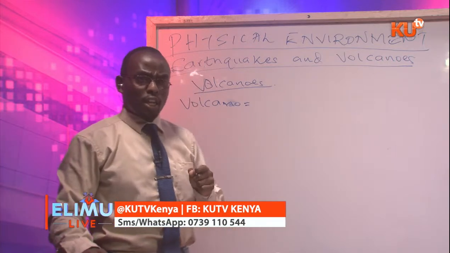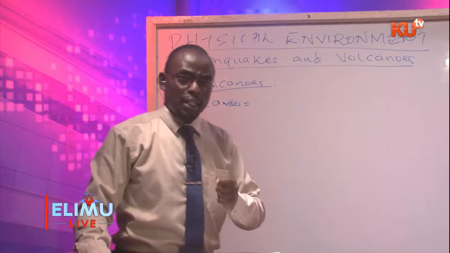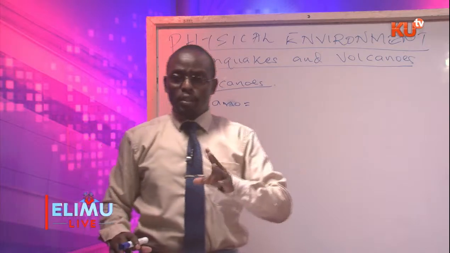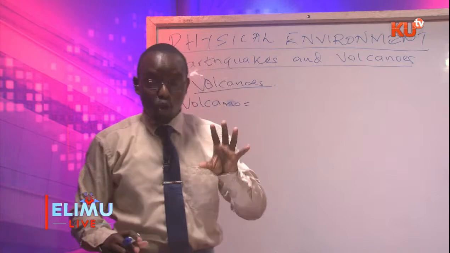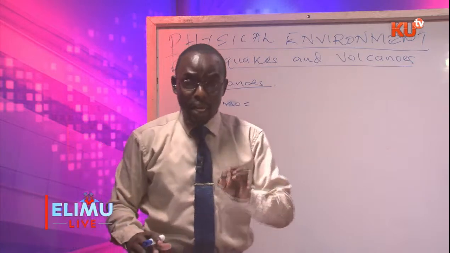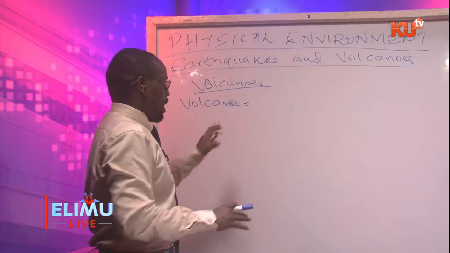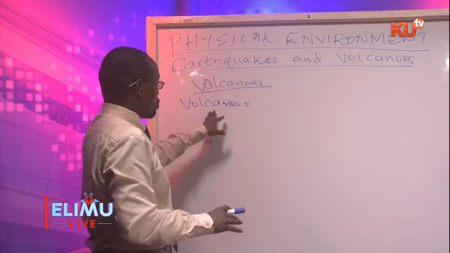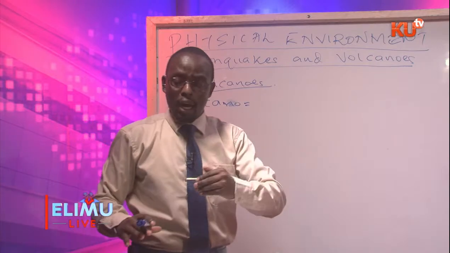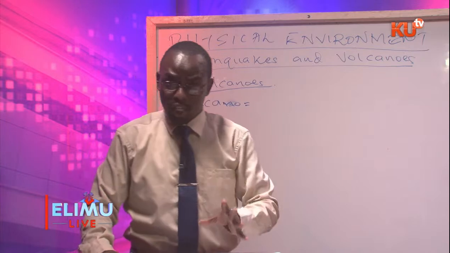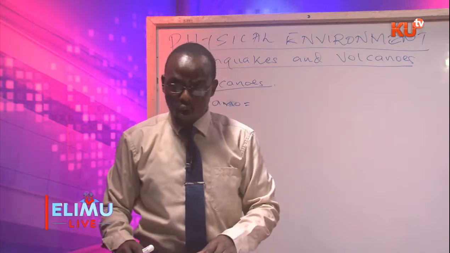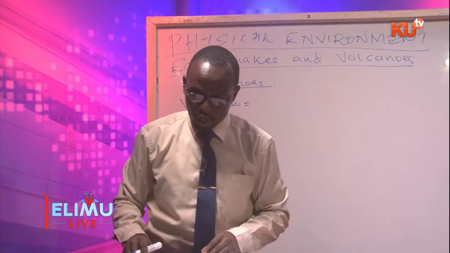Along the continental plates, earthquakes might be quite rare, but along the oceanic plates where they meet, the earthquakes and the volcanoes are very rampant, especially in the Pacific Ocean. We have a part known as the Ring of Fire due to earthquakes and the volcanoes.